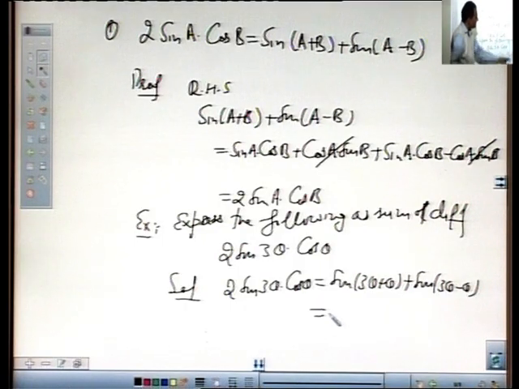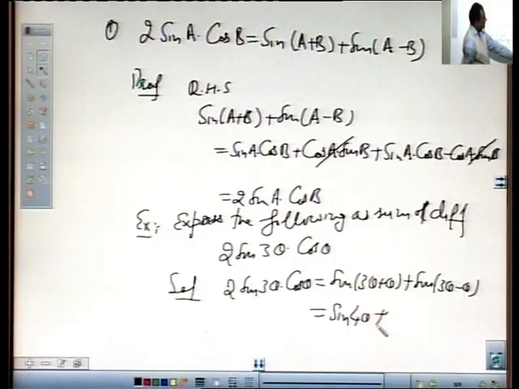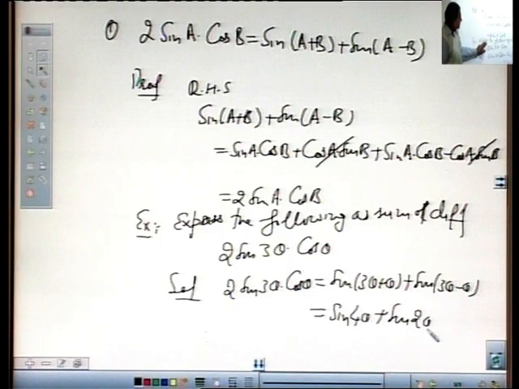Sin 3 theta plus theta is sin 4 theta, and sin 3 theta minus theta is sin 2 theta. This transforms the product 2 sin 3 theta cos theta into the sum sin 4 theta plus sin 2 theta.